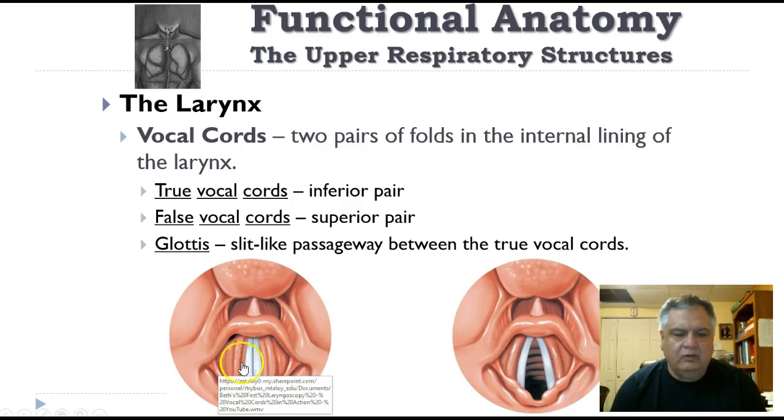And then alongside of those two, probably better seen over here, we can see these second folds that run laterally and superiorly to the two true vocal cords, and these are the false vocal cords. Between the vocal cords, we can see the slit-like passageway, and here we can see the passageway is opened up, and this shows the glottis.